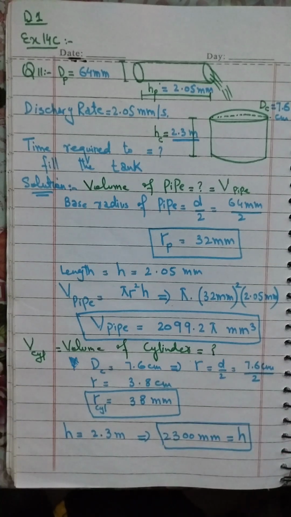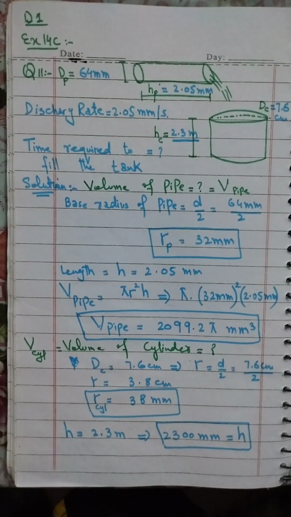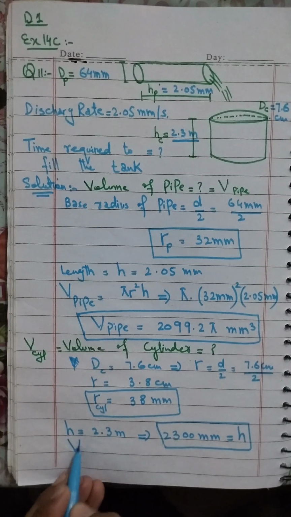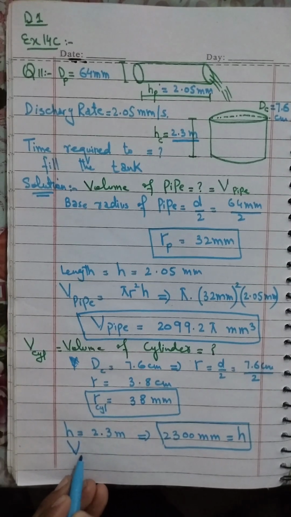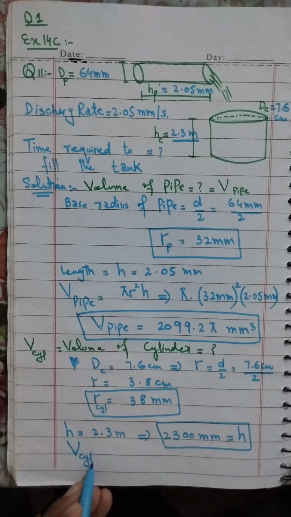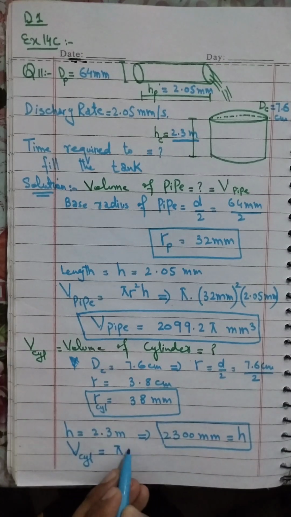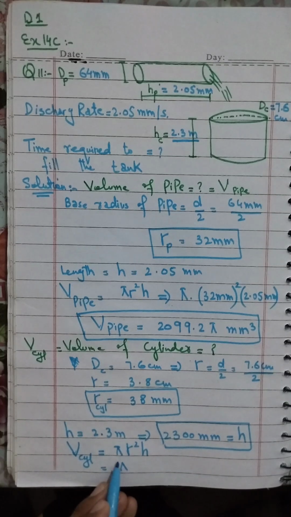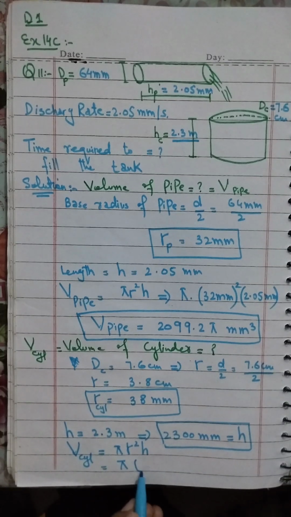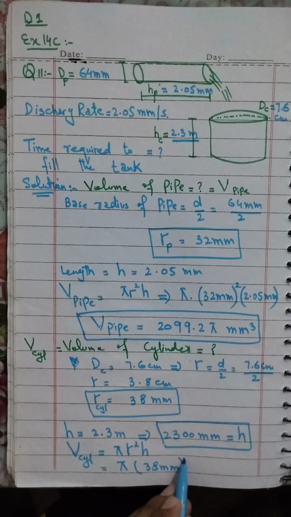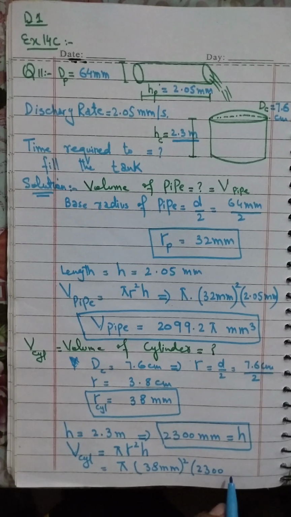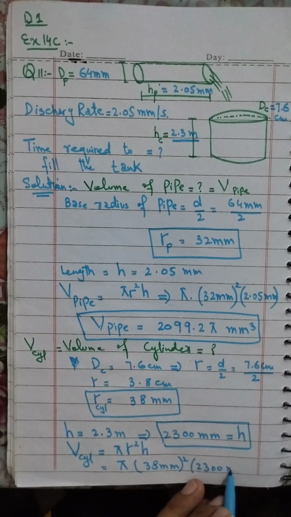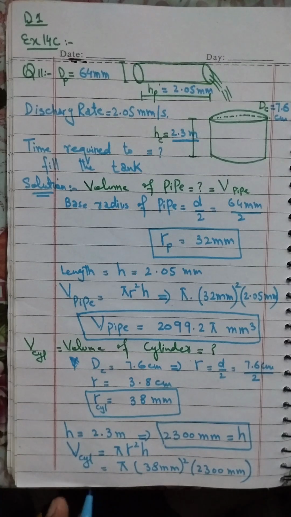Okay, so we have to find the volume of cylinder. It will be given by pi r square h. Pi comes as it is. R square is 38 mm square, and height is 2300 mm. This is it.